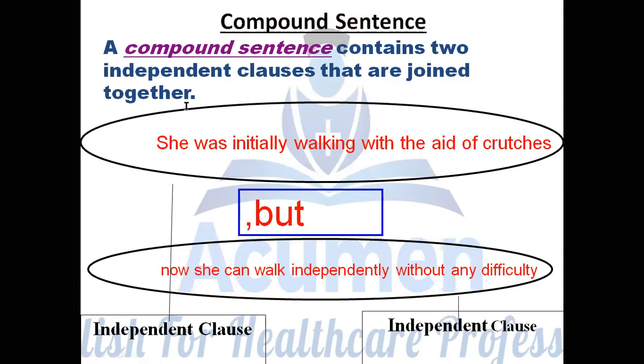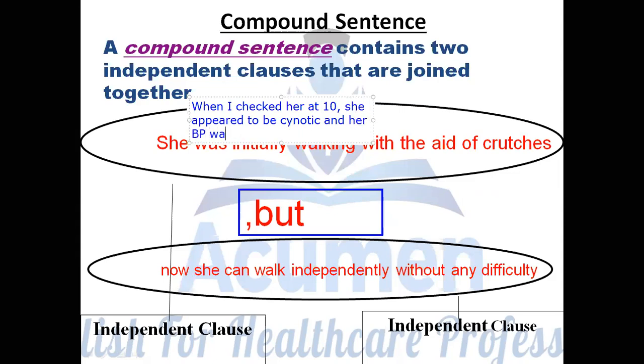Similarly, if I write a sentence like this, for example, when I checked her at 10, she appeared to be cyanotic and her blood pressure was, say, 80/60.